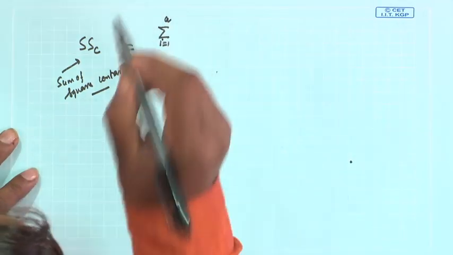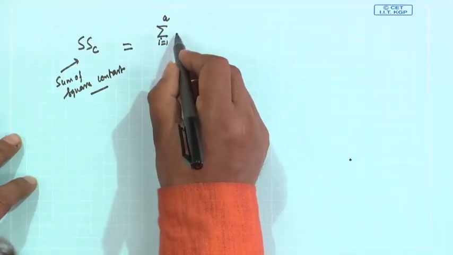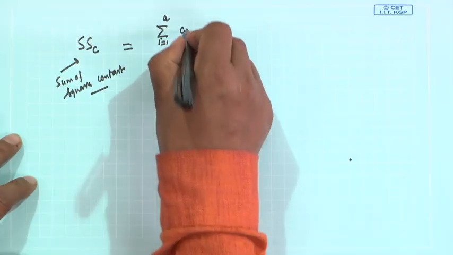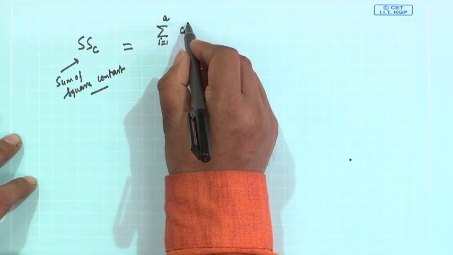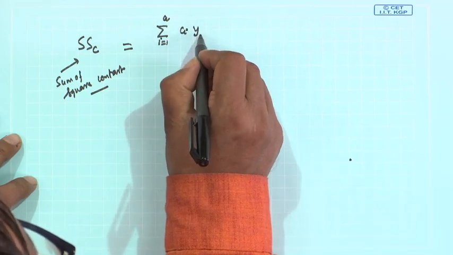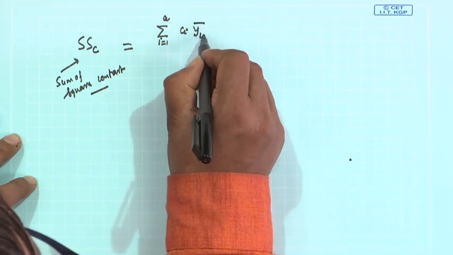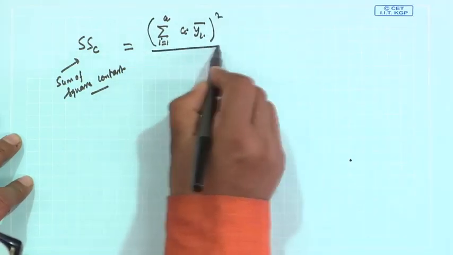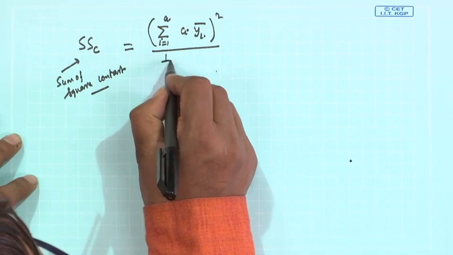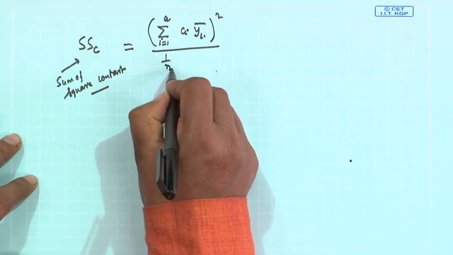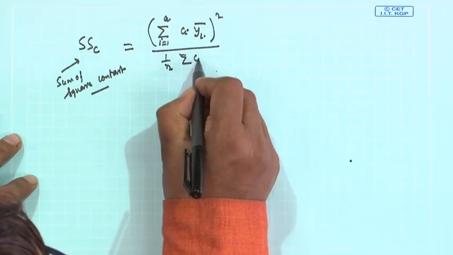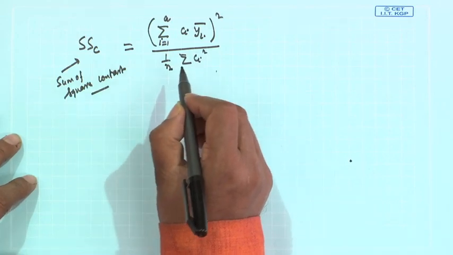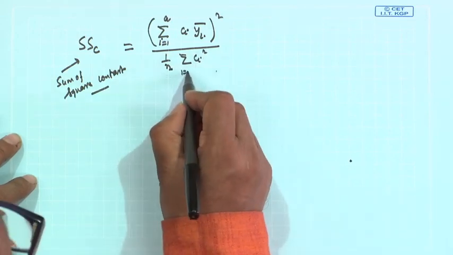Suppose I am writing 1 to a, then this is C i and Y i dot bar, the total, squared, divided by 1 by n sum of C i squared, i equal to 1 to a.